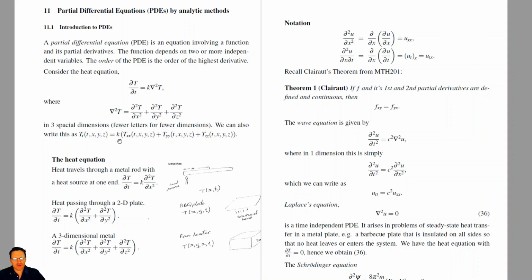Equals a constant K times the sum of the second order partial derivatives with respect to each spatial dimension. Now, the K depends on the material that the heat is transferring through. So iron, for example, is said to retain heat very well, so that would have a different K value than, say, aluminium.